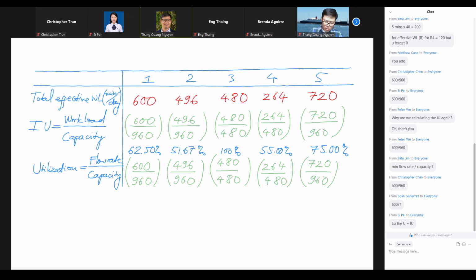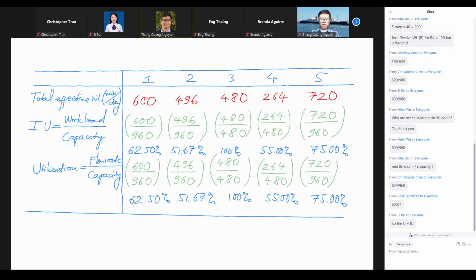So let me write out the values for you. 62.50%, 51.67%, then 100%, 55%, 75%, right? It's not a coincidence that U and IU are equal here, because earlier we did a very crucial step.